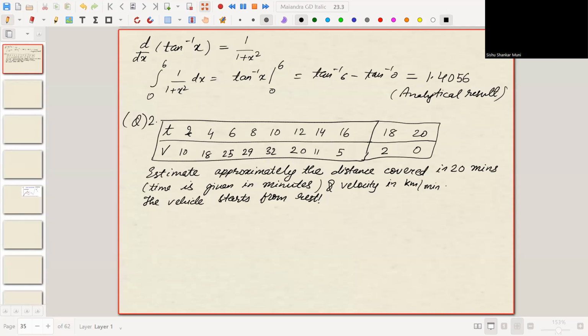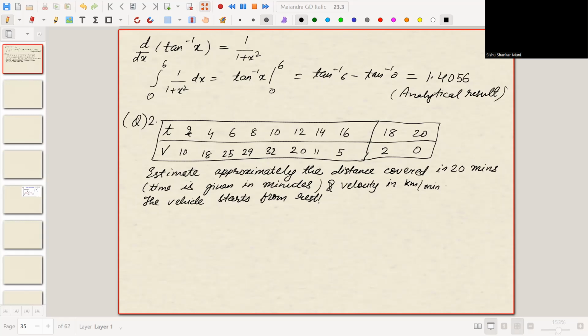Then the time and velocity are given to you as a data set. For t equals 2 minutes, your velocity is 10 kilometer per minute. So on till time t equals 20 minutes, the velocity has turned to be 0. Now, the question is, can you estimate approximately the distance covered in those 20 minutes?